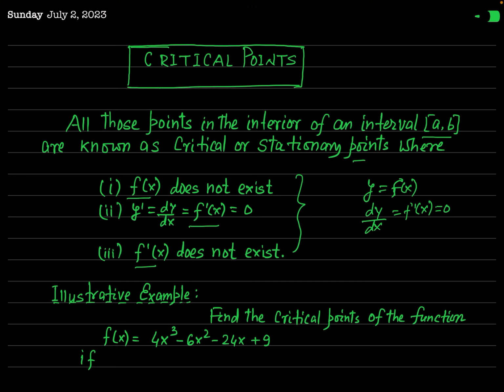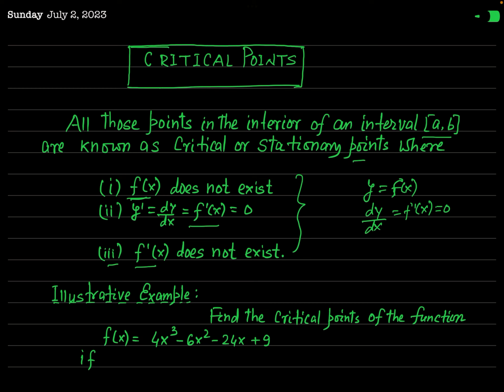And so, to clarify the idea of critical points, how we will actually obtain the critical points for a given function, we will see a very important example. As I have told you, there are 3 conditions to find the critical points of a function. First one says f of x does not exist.